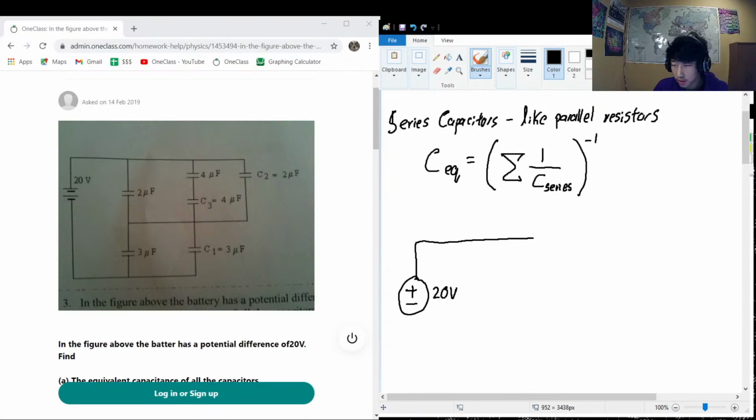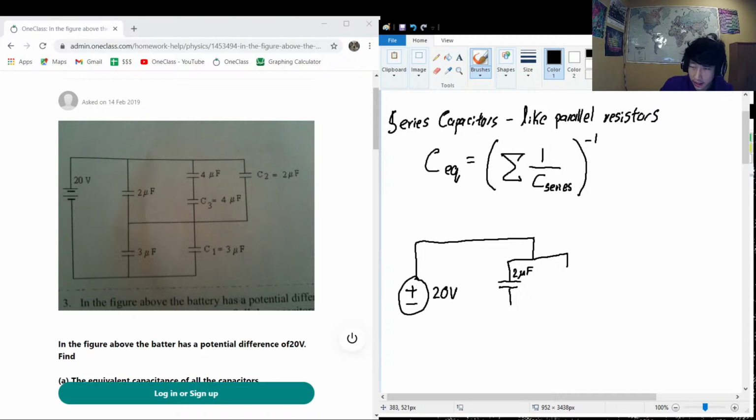Okay, so here, as you can see, immediately out of this voltage source, we've got three branches. So we have a 2 microfarad branch.